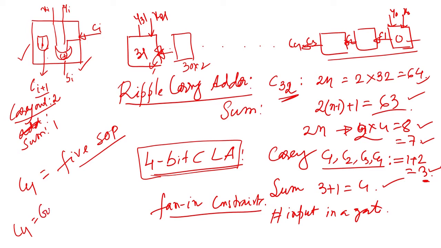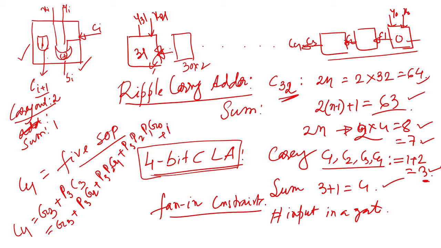C4 is actually G3 plus P3 G2, plus P3 P2 G1, plus P3 P2 P1 G0, plus P3 P2 P1 P0 C0: 1, 2, 3, 4, 5. So it will have 5 terms.